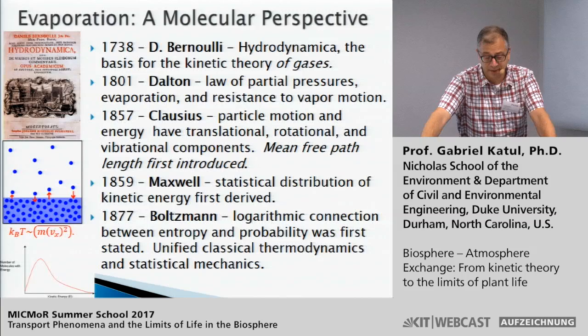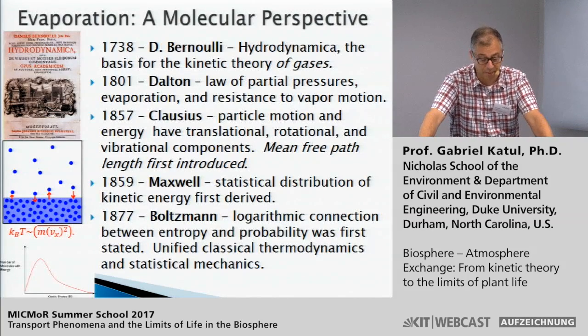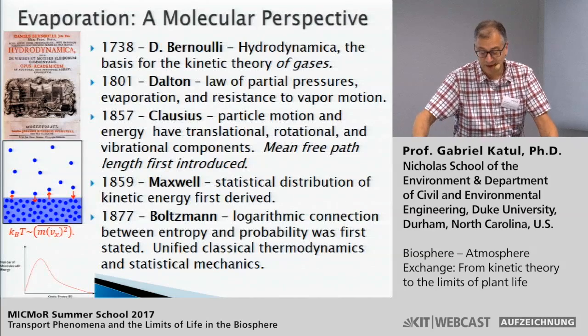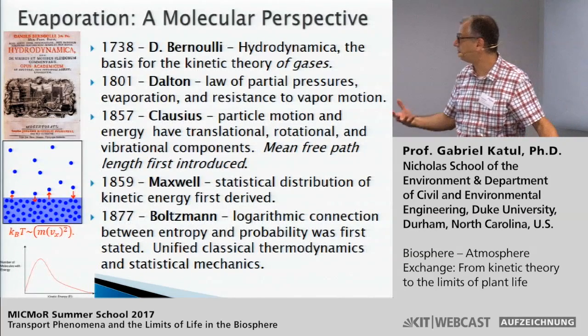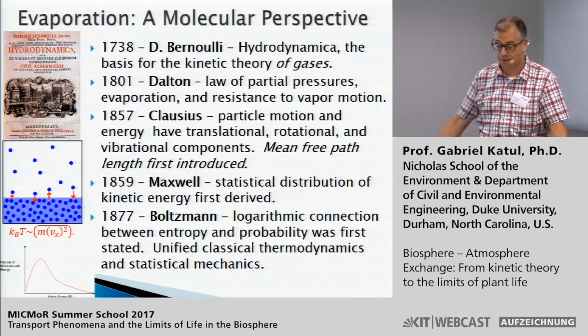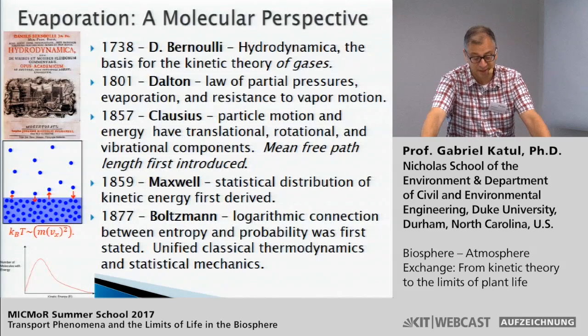In this paper, in 1857, Clausius was the first to introduce the concept of mean free path. Maxwell derived the statistical distribution of the kinetic energies themselves, and it was Boltzmann who put all the pieces together, where the connection between entropy and probability was first stated. In it, we finally had a unified picture of the classical laws of thermodynamics and statistical mechanics.